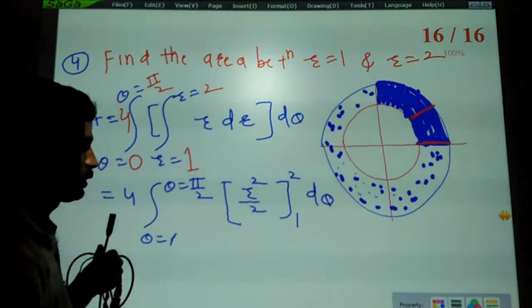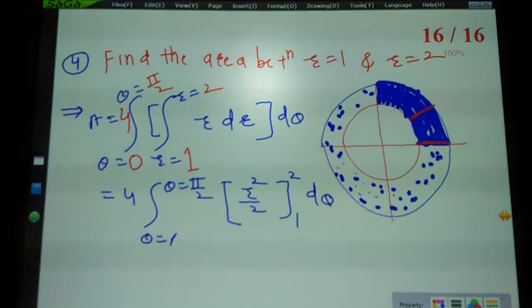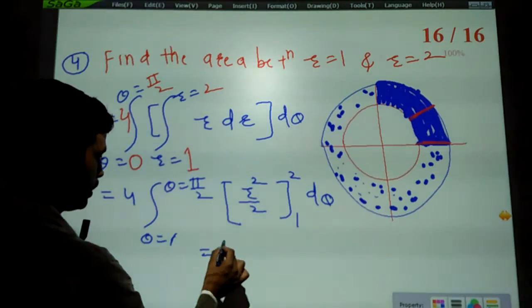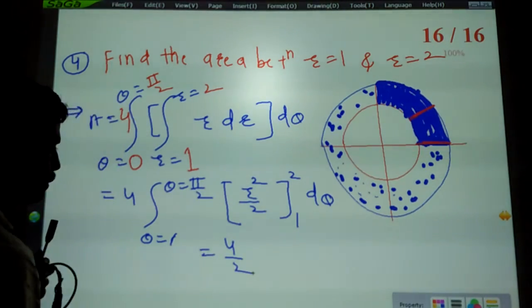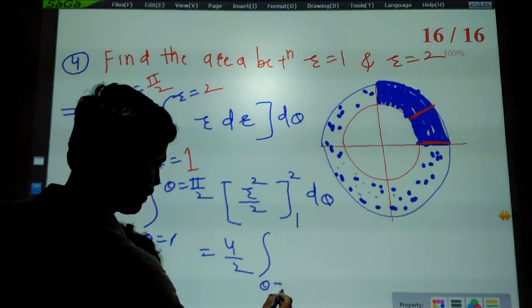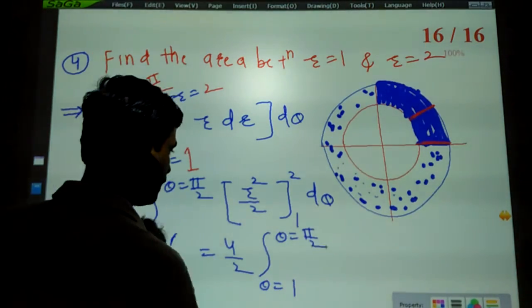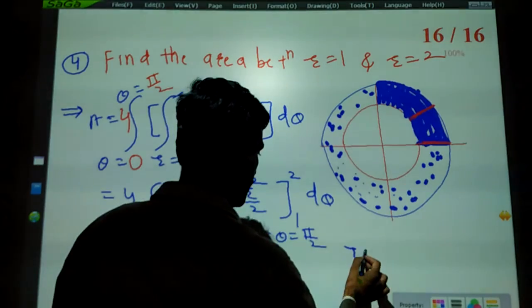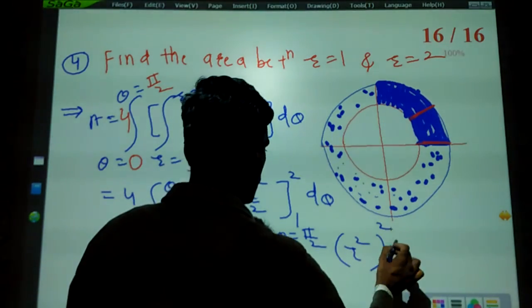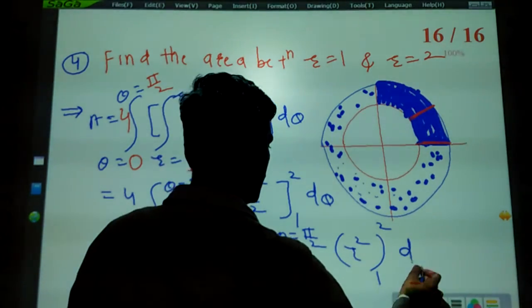So take that 2 outside the integration. So 4 by 2, theta from 0 to 5 by 2, upper limit r square, lower limit 1, d theta.